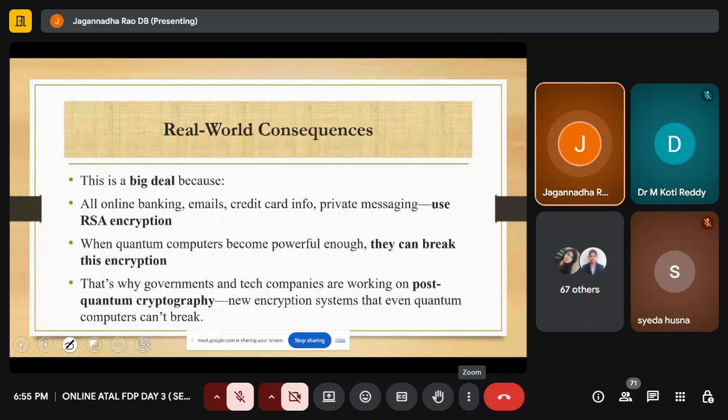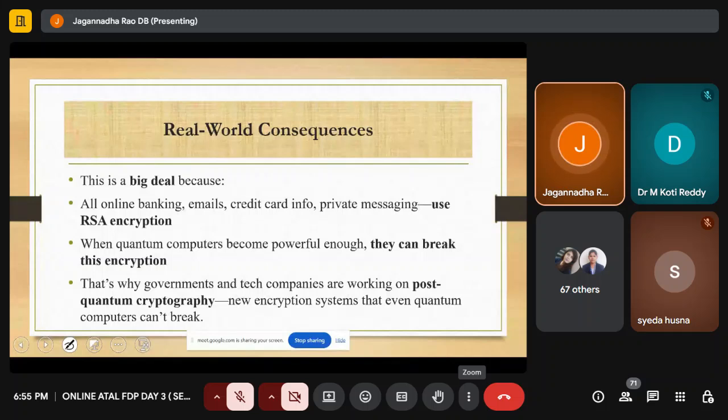Then what about the RSA encryption security issue? When quantum computers become powerful enough, they can break this encryption. That's why governments and tech companies are working on post-quantum cryptography. Again, we need security against quantum: new encryption systems that even quantum computers can't break.